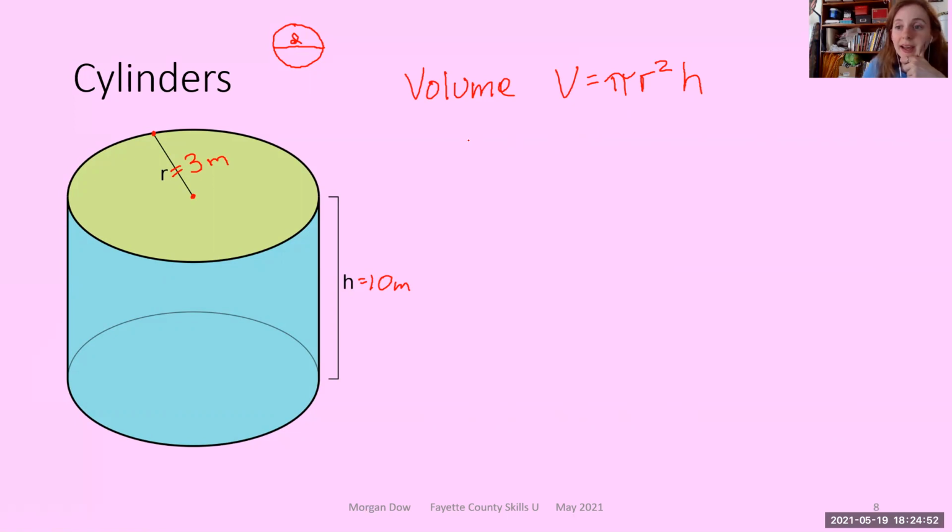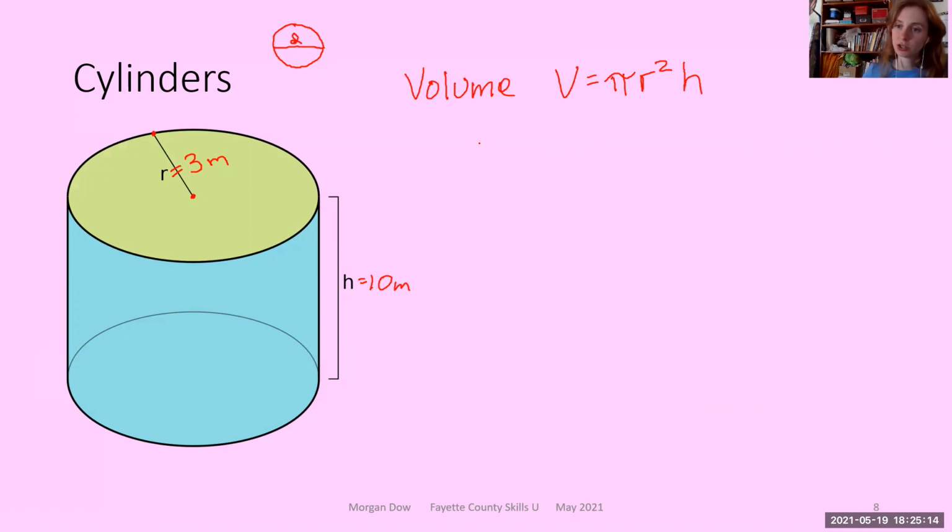So we know that pi is approximately 3.14, right? Pi is this special number that we use when we are working with circles. It describes the relationship between the circumference of a circle and its diameter, but just so happens that it is always the same number. So it is always approximately 3.14.